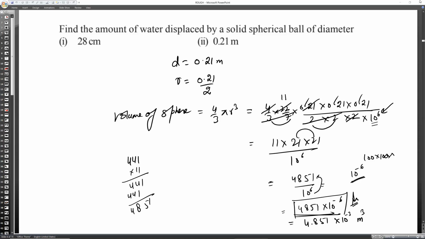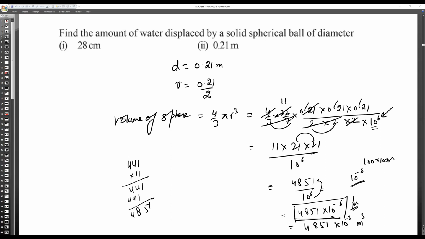So in this topic, we are doing middle term split, and we have learned how to do the middle term split.